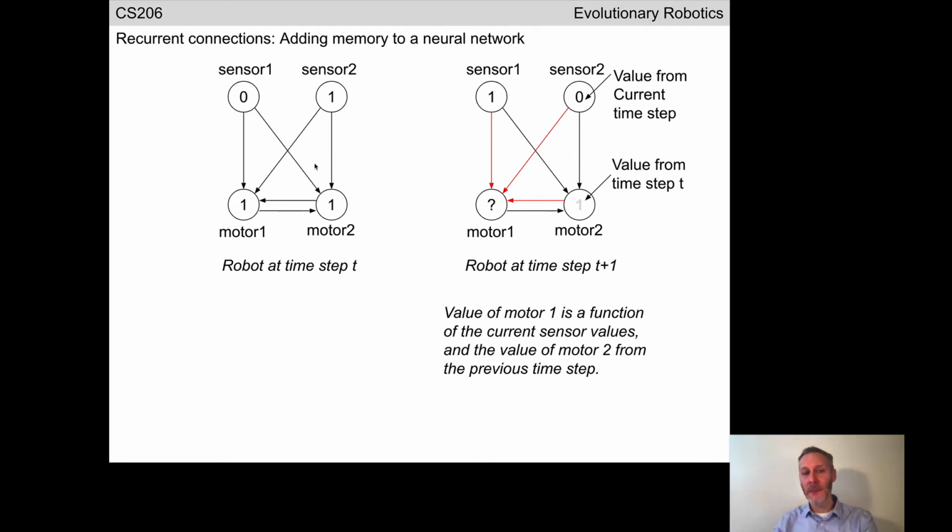Recurrent connections here. Let's assume that this neural network is sitting inside a robot that has 2 sensors and 2 motors. We'll stick with binary values for now, just to keep things simple. Imagine we want to compute the value arriving at the motor 1 neuron. You can see that there are 3 synapses in red arriving at this neuron.